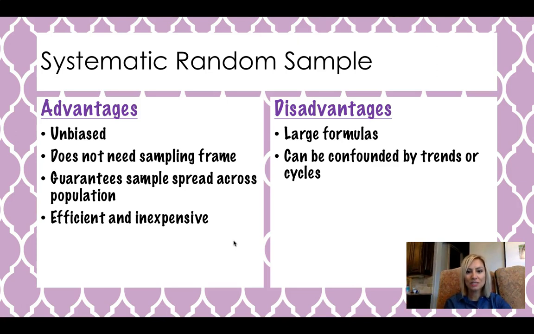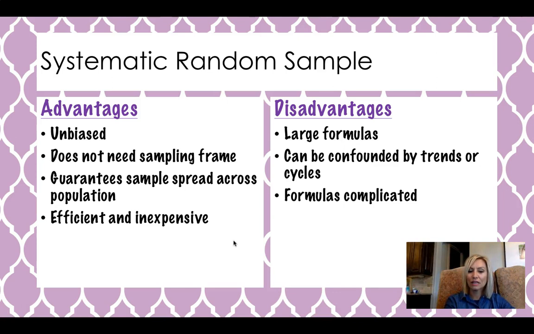There could be a trend or a cycle that we are not seeing or that we are seeing that maybe is confounding the actual things that are going on in our sample. We don't really realize the true impact on our sample because we've been confounded by a trend or a cycle that may be muddying the waters or making us think that there's a pattern that's different than what really exists.